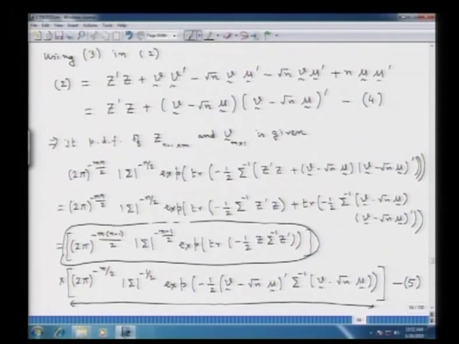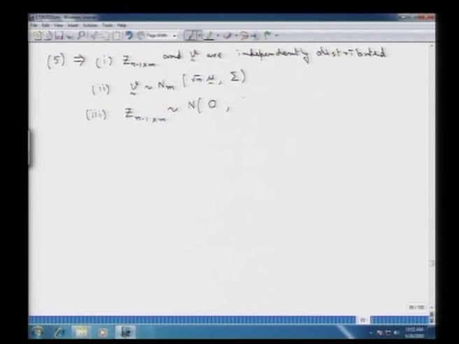And then if you look at the order of the I matrix, it is going to be n minus 1. So we can complete this particular statement: this is a matrix normal distribution with I n minus 1 Kronecker product sigma as the variance covariance matrix of this vec of Z prime quantity. So these are important things to note here.